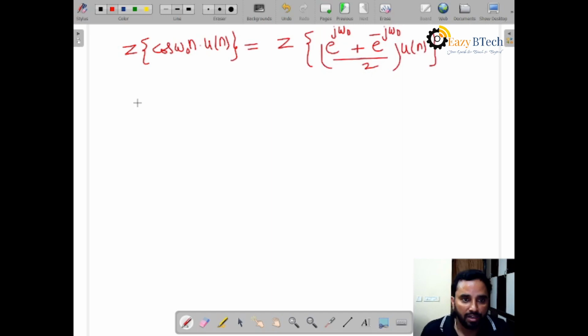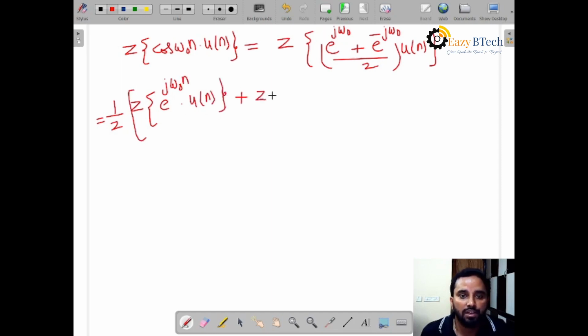Now we can write separately the Z transform; 1 by 2 we can take out and write outside. Z transform of e power j omega naught n U of n plus Z transform of e to the power minus j omega naught n U of n.